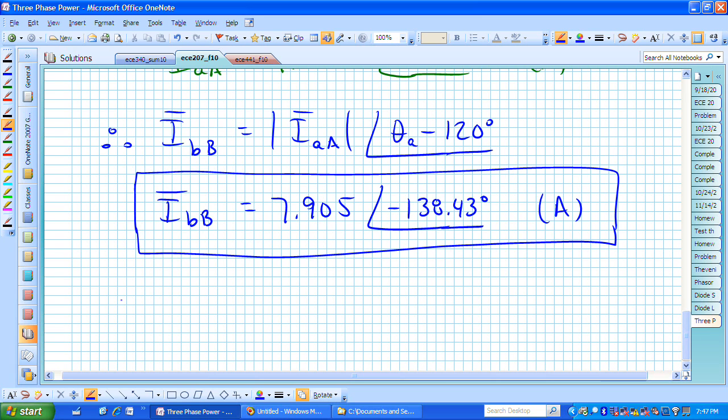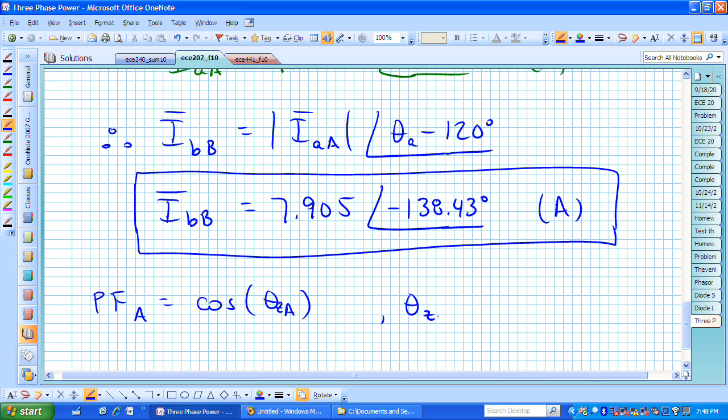We also were asked for the power factor of the A phase's load, which is going to be the cosine of the angle between the voltage and the current, but the angle of our voltage and our current is just the impedance angle.